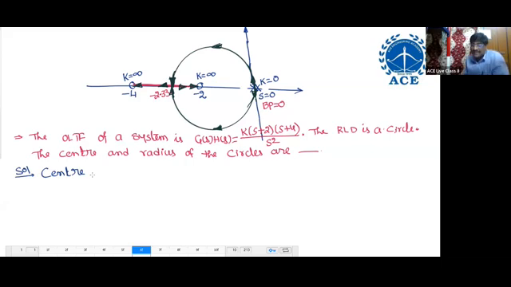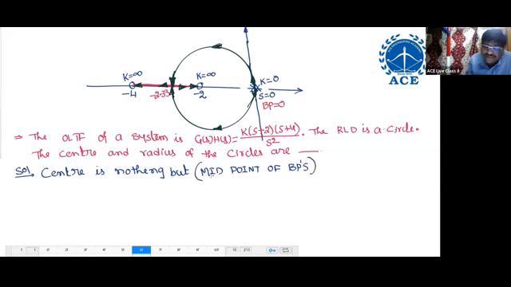For a circle, the center is nothing but the midpoint of the breakpoints.